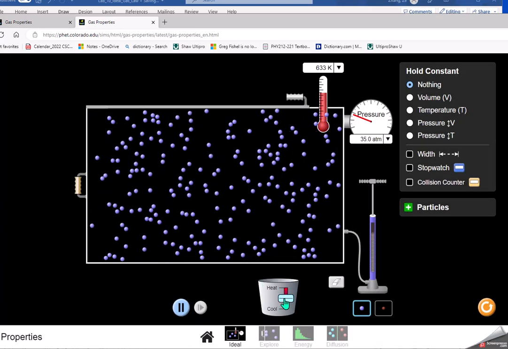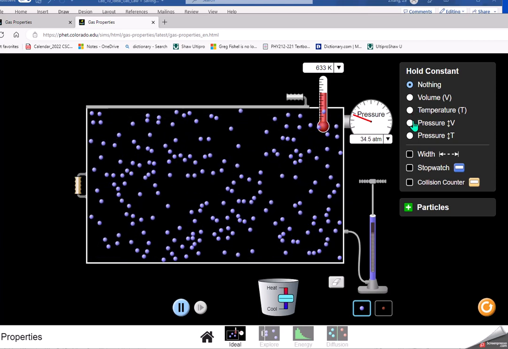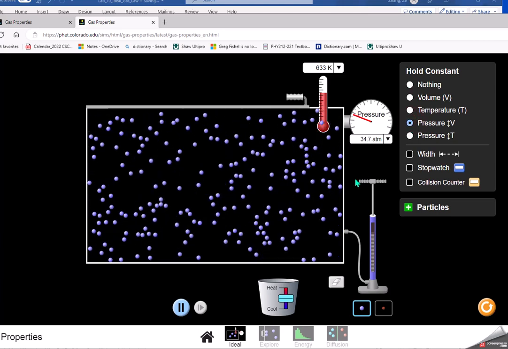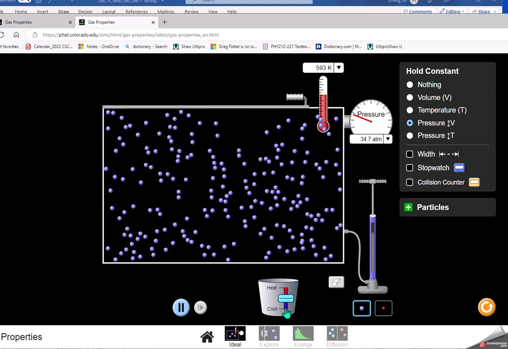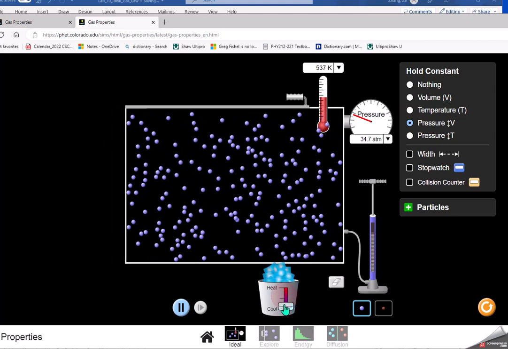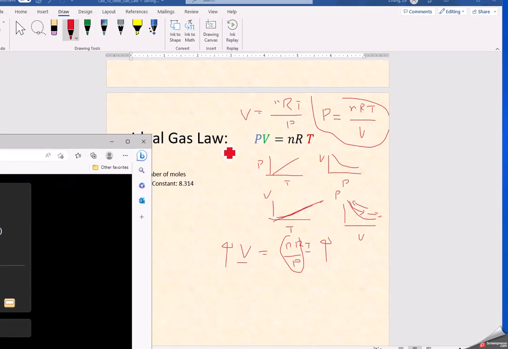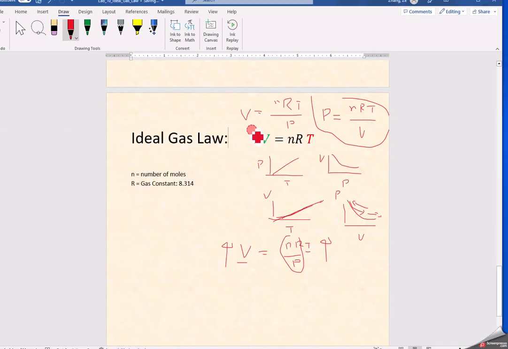If you hold the pressure constant and cool down, the volume gets smaller. So all these three relations are covered by the same formula.